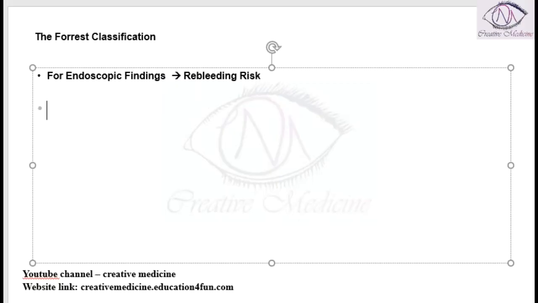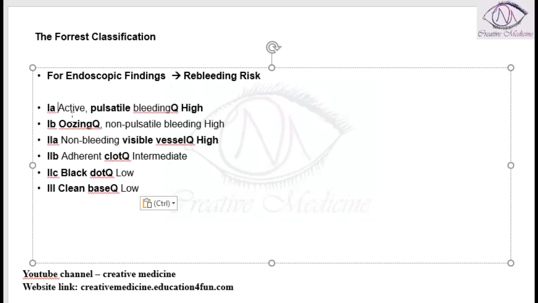In the Forrest classification, we have three grades. Grade 1 has active, pulsatile bleeding with a high rebleeding risk.